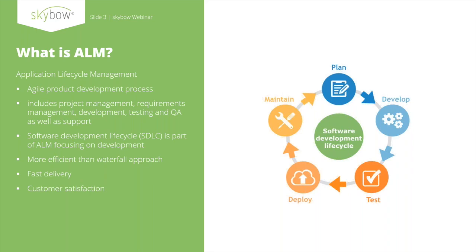You always define something, and then you work on that, and you test it, and you deploy it, and it's always a circle. That makes it very agile, and it does include as well in the whole ALM, this application lifecycle management, project management, requirements, engineering, development, testing, and as well support.